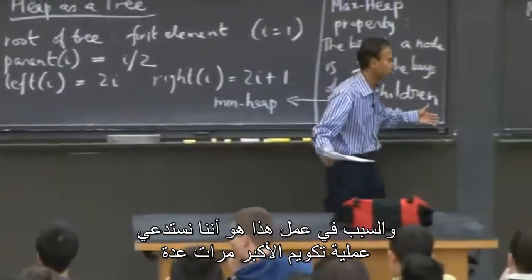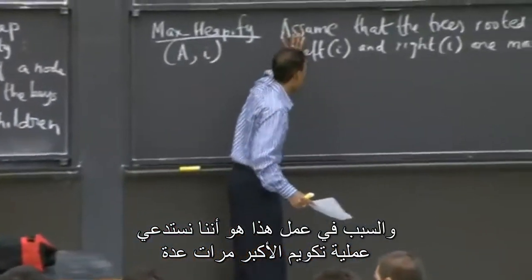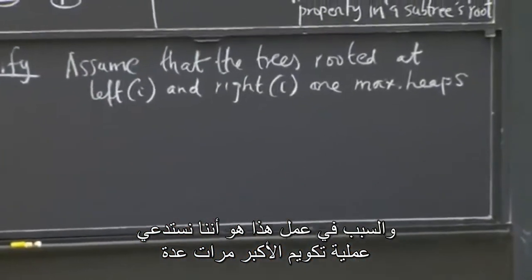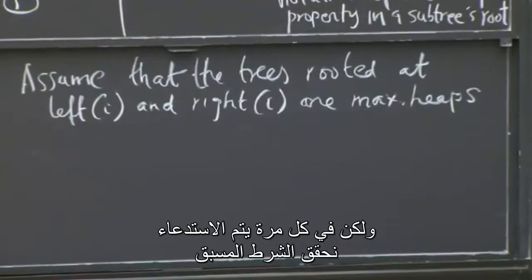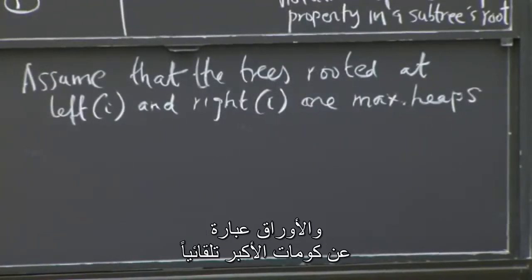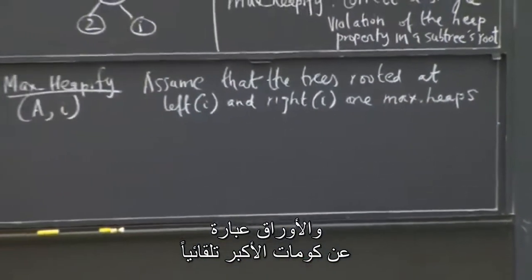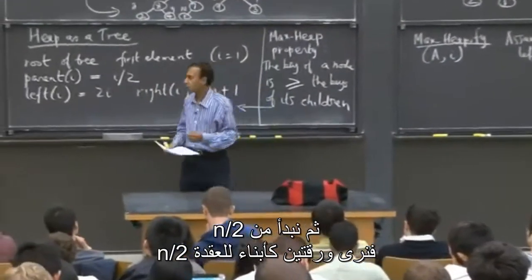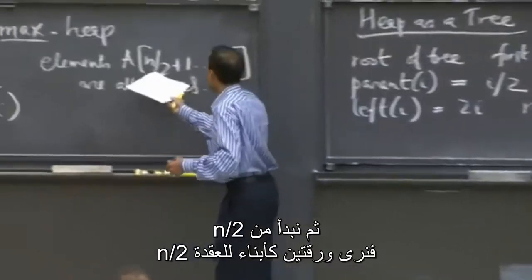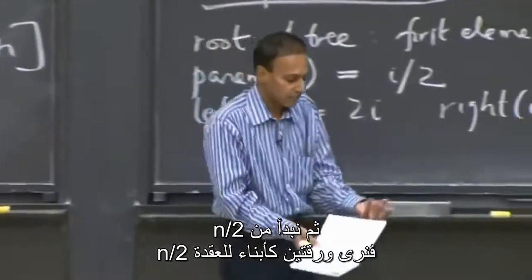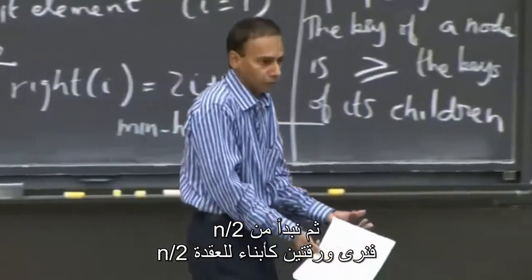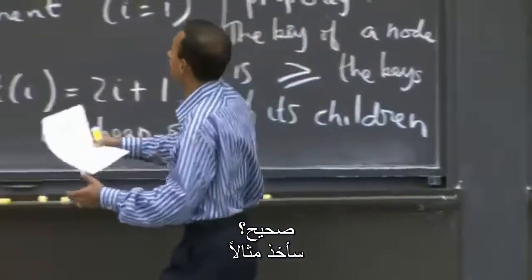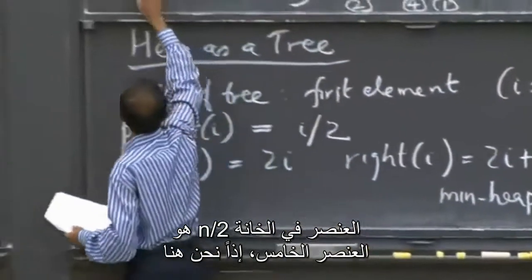So that's it. The reason this works is because you're calling max heapify multiple times, but every time you call it, you satisfy the precondition. And the leaves are automatically max heaps. When you start with n over 2, you're going to see 2 leaves as the children of the n over 2 node. Just pick an example here. n over 2 is A of 5.